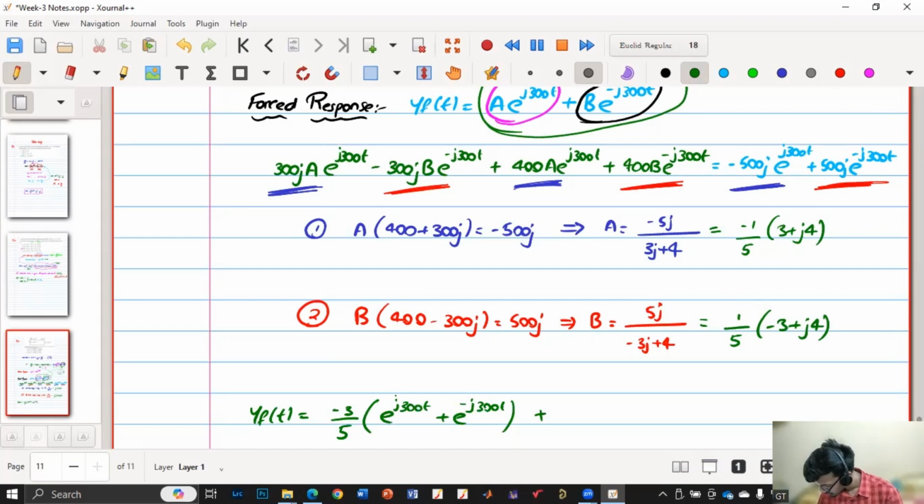So first I have considered 3, 3. So here minus 3, here minus 3. Now here it is minus 4j, here it is plus 4j. So I will take out minus 4j common, minus 4j by 5. It will be e to the power j 300t minus e to the power minus j 300t. Right.